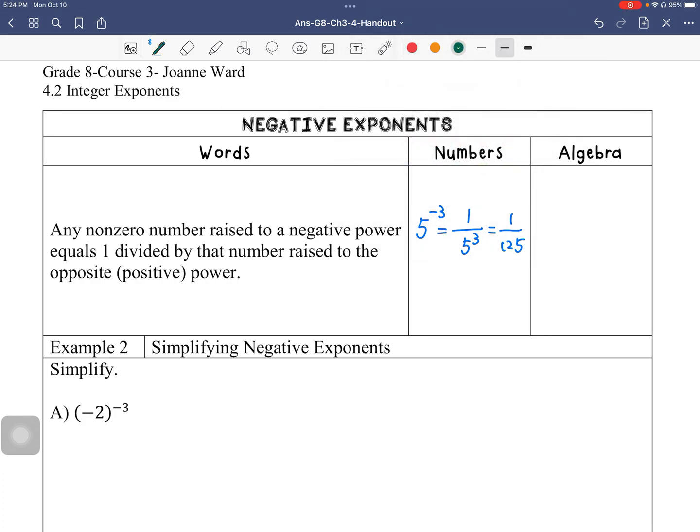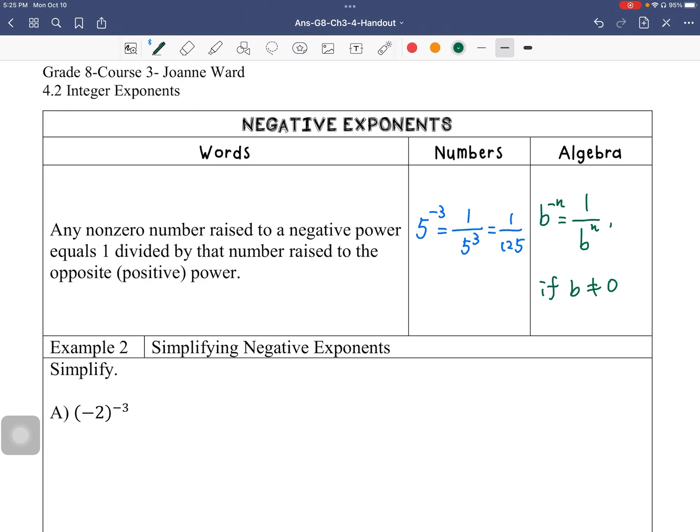So in algebra, b to the power of negative n equals 1 over b to the power of n, if b does not equal 0.